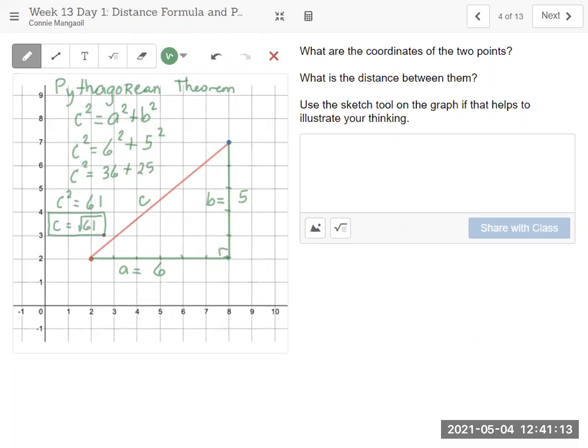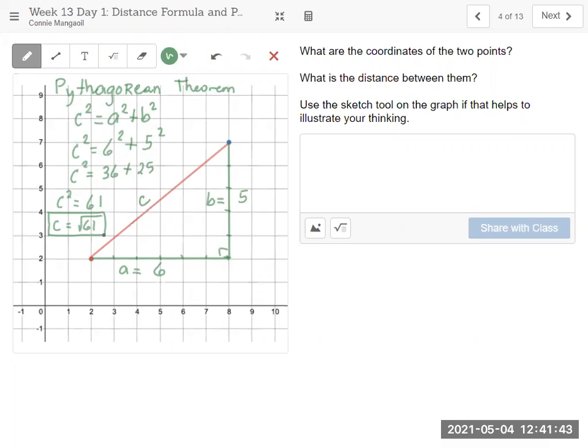So if the problem does not tell you to round it off, you can leave your answer as a radical. So the distance between these 2 points is square root of 61. We just applied a theorem that we have used before, the Pythagorean theorem. You can use this if you have points on the grid, because you can simply count.